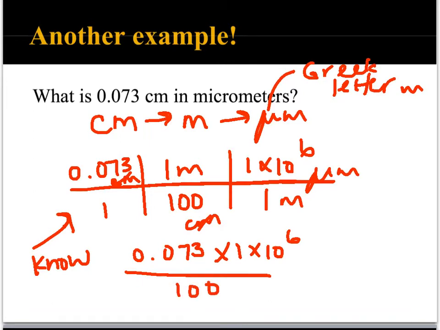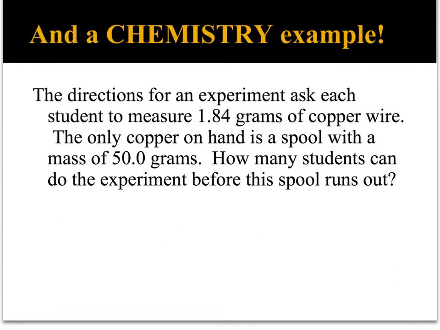Remember, you take all of the numbers in the numerator and you divide by the denominator. And again, if we go back and look, our units cancel and our final answer will be in micrometers. When you do that, 0.073 times 1 times 10 to the 6th divided by 100, you get 730 micrometers.